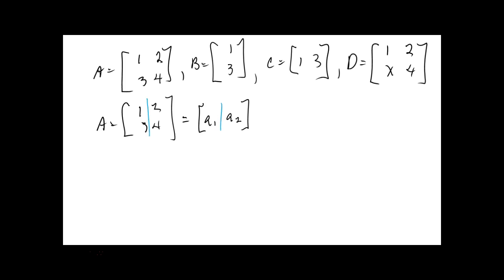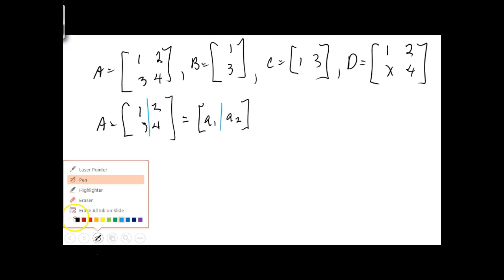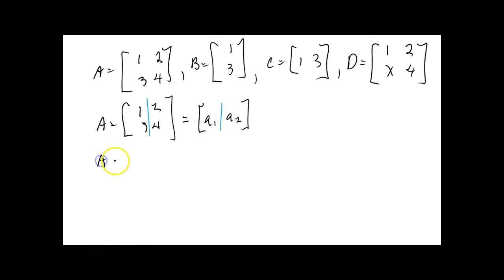Now, they don't say it, but guess what? You could also take that matrix A, or any old matrix that has more than one row or column, and do the same thing to the rows.